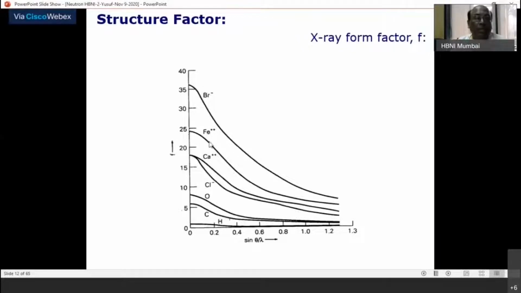As a result, at higher 2 theta, your effective intensity, if a Bragg peak is occurring at a higher 2 theta scattering angle, you will see less intensity compared to the one Bragg peak which is coming at a lower angle, though the atom responsible for both the peaks is the same, let us say Fe2 plus. This is the point. It is with regard to X-ray.